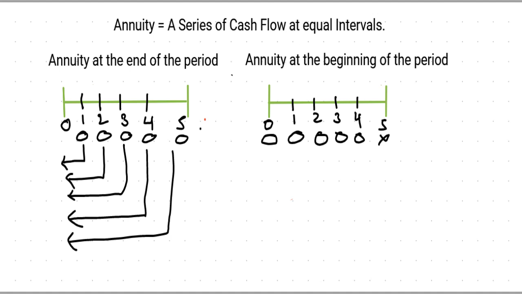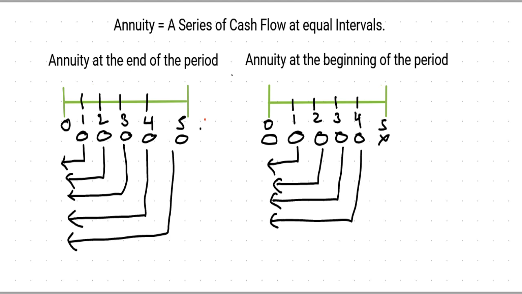To calculate the present value, the first cash flow is at its present value. Then you have to discount the remaining four cash flows to time zero. When you total this, you will get the present value of the annuity.